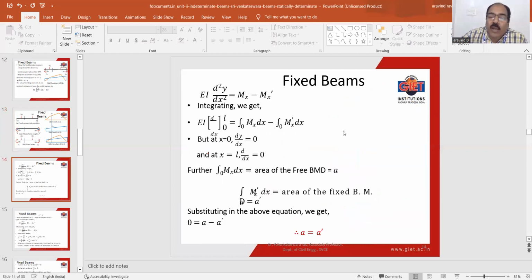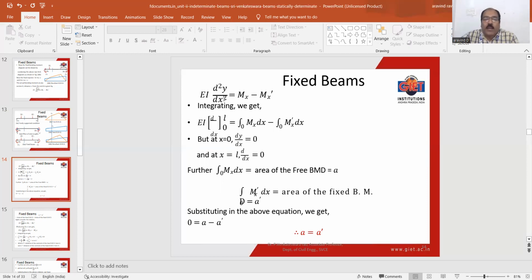Now, how to develop the equations required for the complete analysis of fixed beams? We know that the elastic line equation is given by EI d square y by dx square. Let us consider a section at a distance of x from end A. Therefore, the bending moment at that section is equal to Mx minus M dash x.